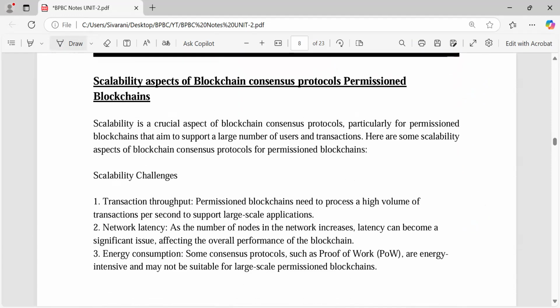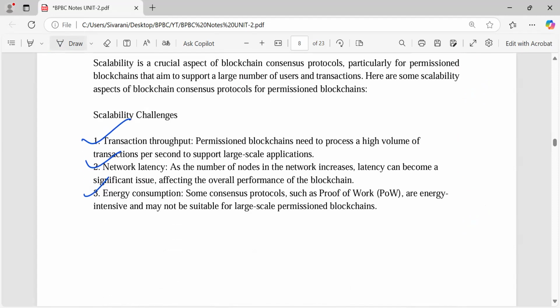What are the scalability aspects of blockchain consensus protocols and permissioned blockchains? Some scalability challenges are there: transaction throughput, network latency, and energy consumption. It takes more time to create a new block, which makes it hard to support large scale applications.